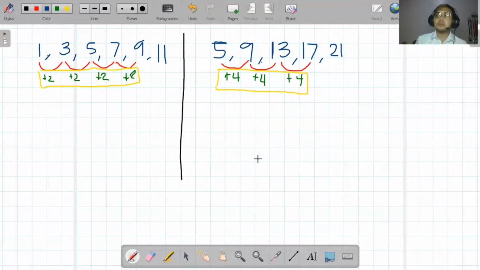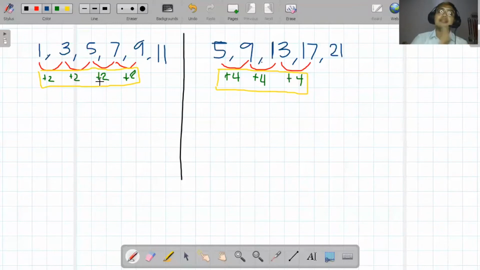Okay? So, we got each term because we added a constant number. It is constant because we add the same number. Like here in 1, 3, 5, 7, 9, all we added is 2: plus 2, plus 2, plus 2, plus 2. All throughout that sequence it is plus 2, the same number. It is constant in that sequence.